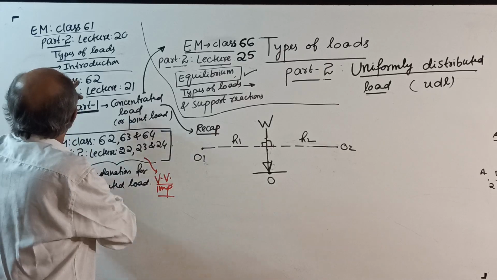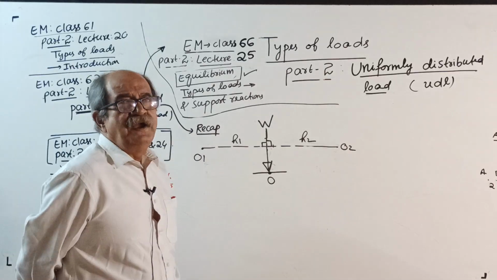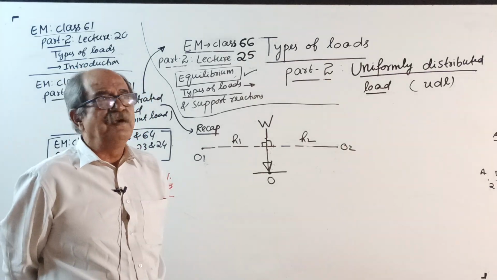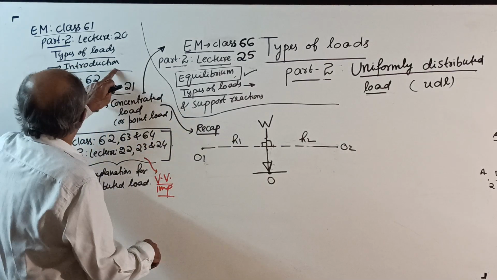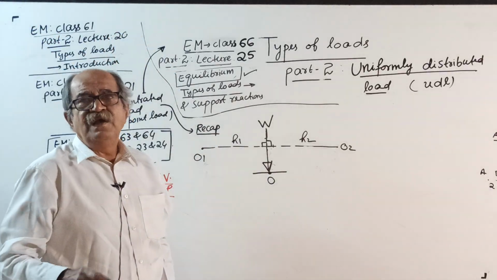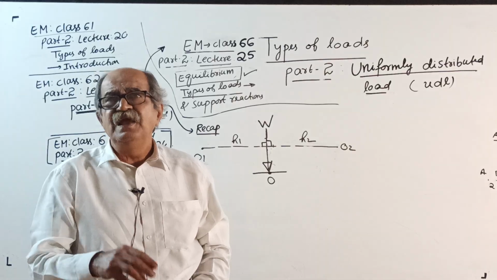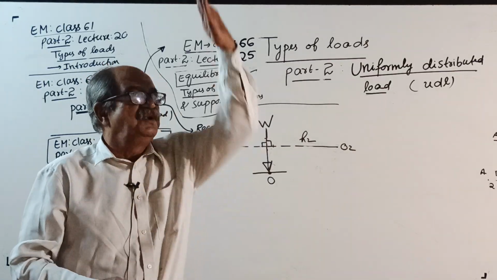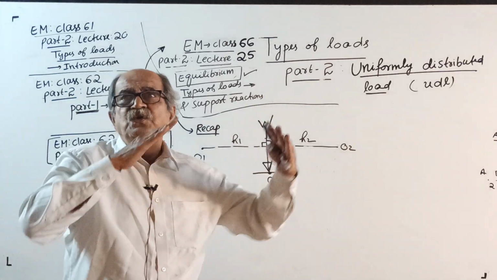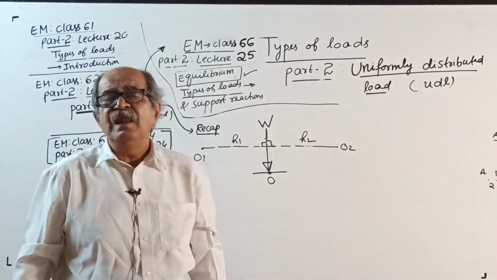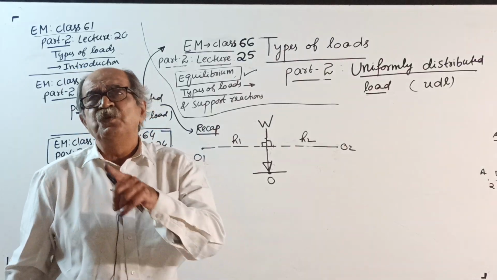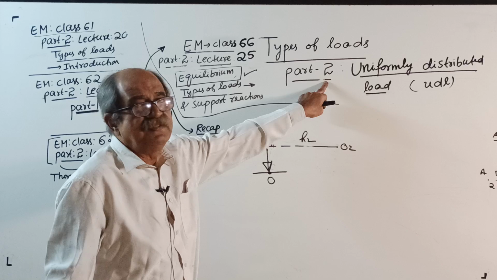I gave an introduction: point load, UDL, UVL, either represented by triangle or trapezium, etc. Then, once the introduction was over, I told you I am now starting systematically the 4 types of loads. Point load, UDL, UVL represented by a triangle, and lastly UVL represented by a trapezium. These 4 are part 1, part 2, part 3, part 4.